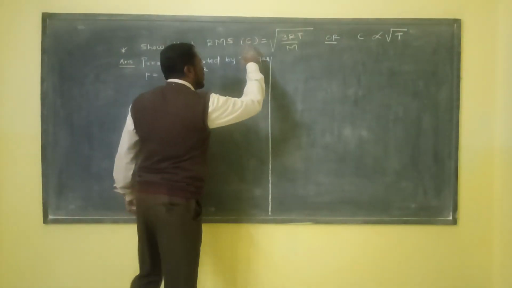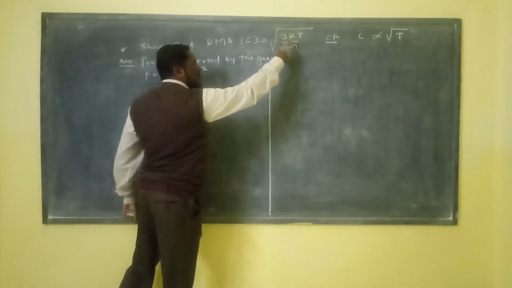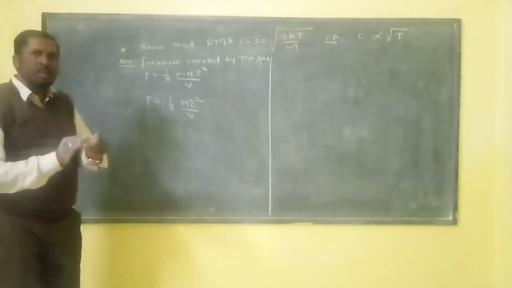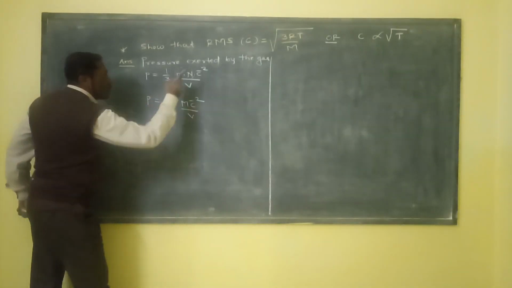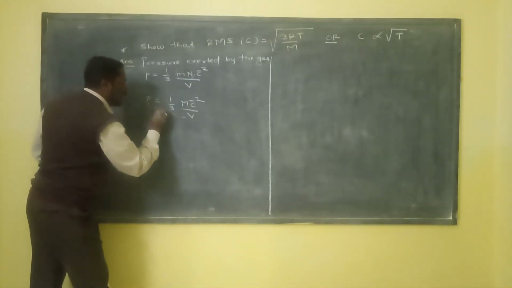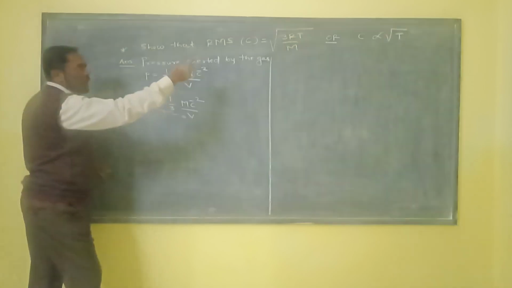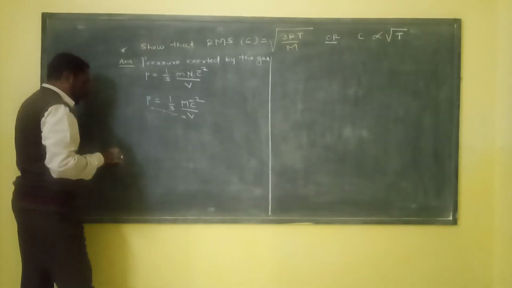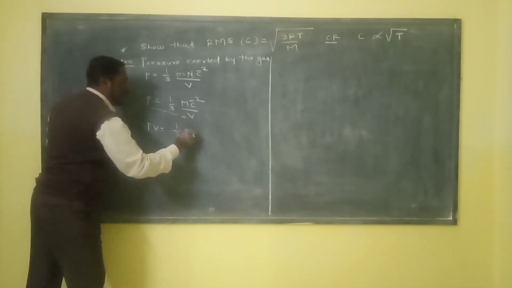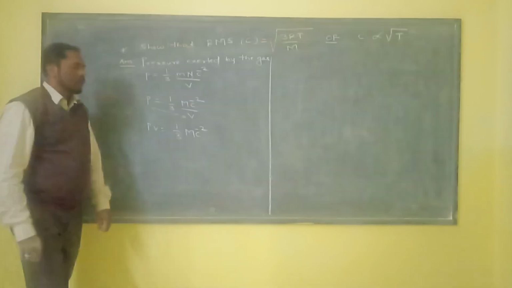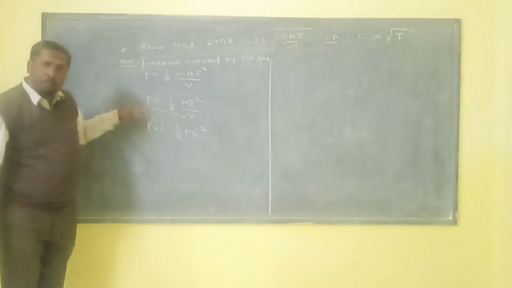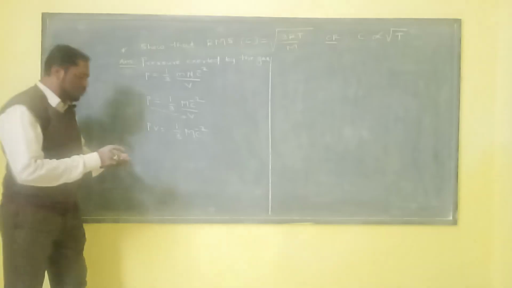What is there? C is equal to, we have C here. RT is there. We know that according to ideal gas, PV is equal to RT for 1 mole. So to get RT, we have to multiply this P and V. Why are we multiplying P and V? To get RT. So we can write PV is equal to 1 upon 3 M bar C square.